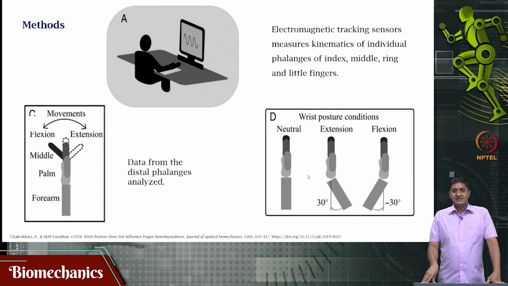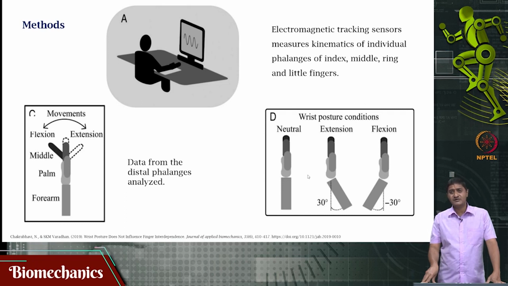So, we placed electromagnetic tracking sensors to measure kinematics of individual phalanges of the index finger, middle finger, ring finger, and little finger. So, there are 3 phalanges in each of the fingers, and we used 4 of the fingers.